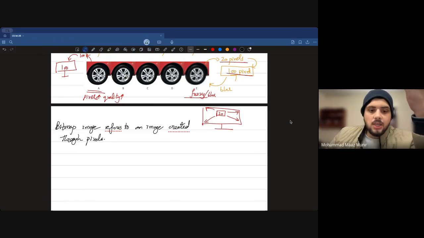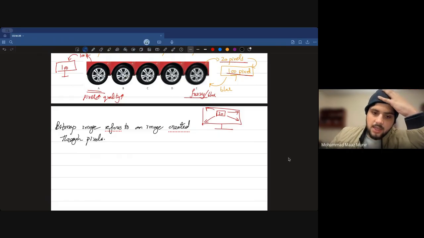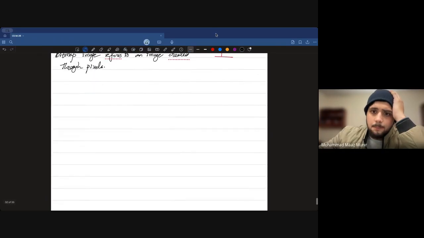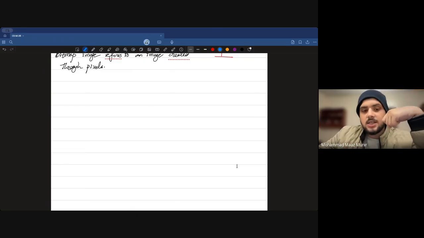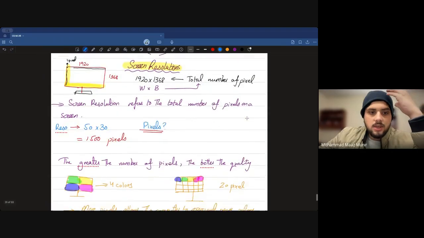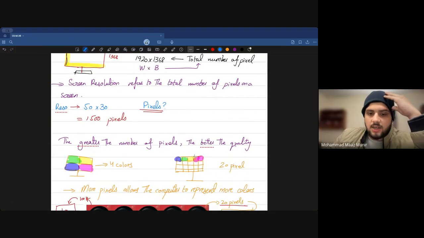And usually these pixels have a binary value. So when I say that there is a specific number of pixels used per image, like I told you in the last class too, each pixel, that small box on the screen, has a different binary value, right? So this means that all of my bitmap images, all these small boxes, have individual binary values.